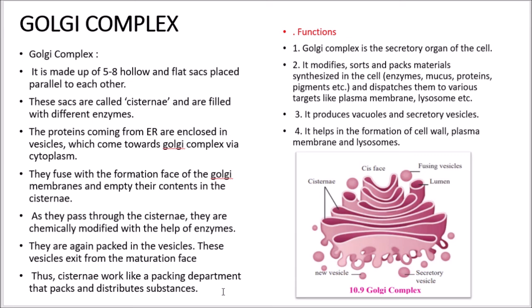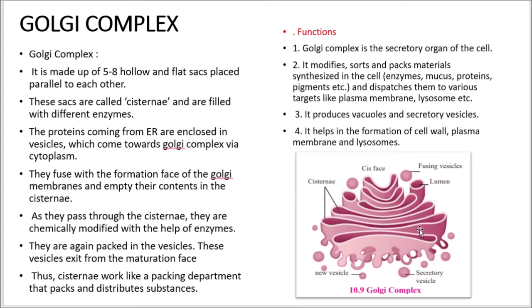Now the function of the Golgi complex. But before going to the functions, why does this organelle have the name Golgi complex? The scientist Camillo Golgi described the Golgi complex for the first time. He developed a staining technique called the black reaction, and with the help of it he studied the nervous system.